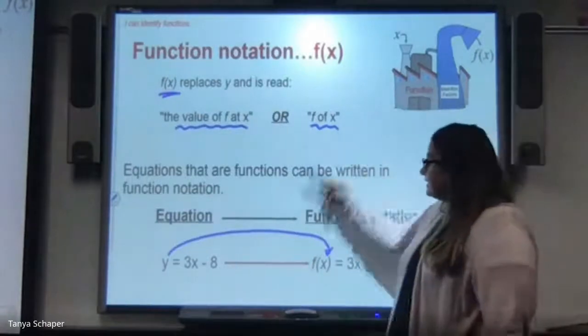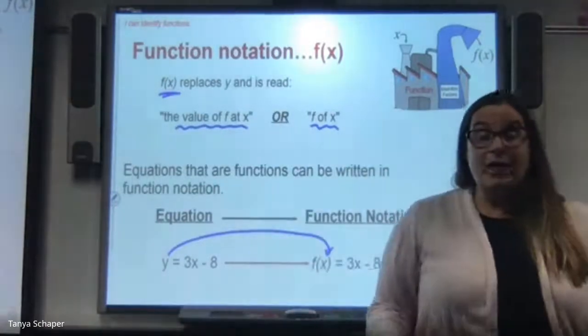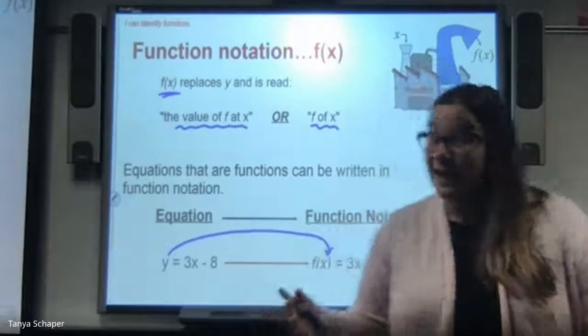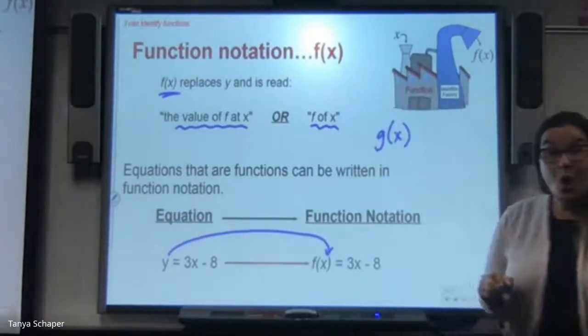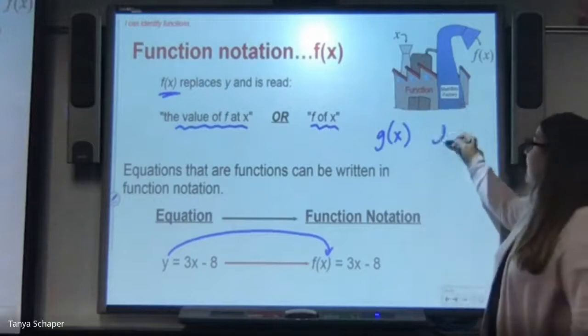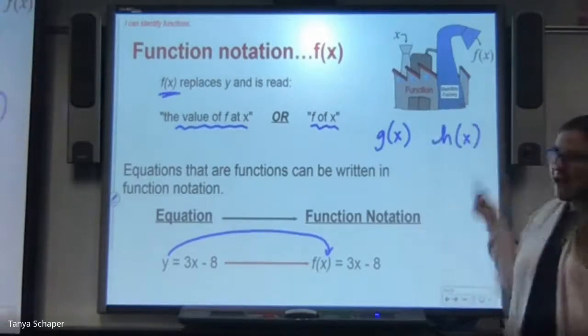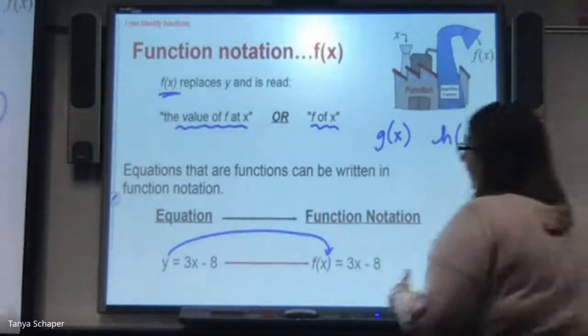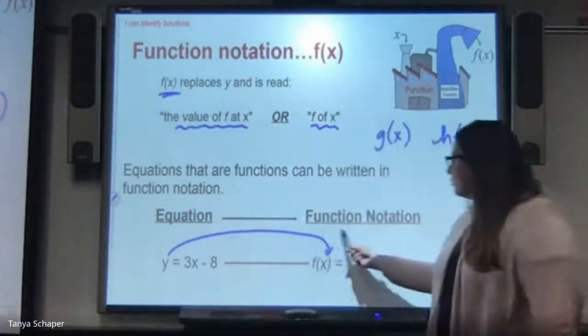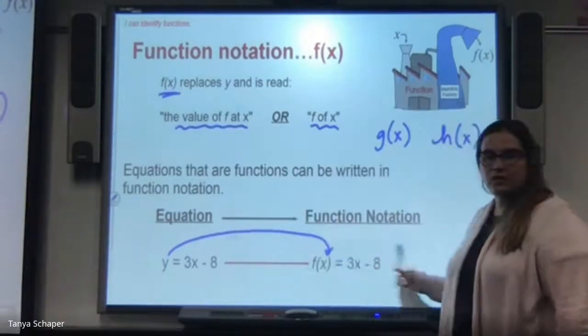That replaces your y. Now, to add even more fun to it, sometimes it's going to say g of x, or sometimes it might say h of x, because again, why not, right? So keep in mind that when you see them, most of the time, we're going to see function notation.